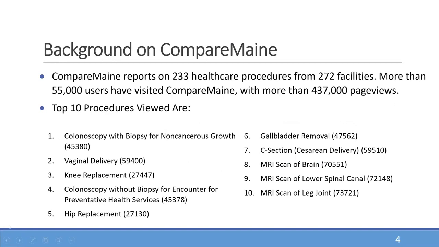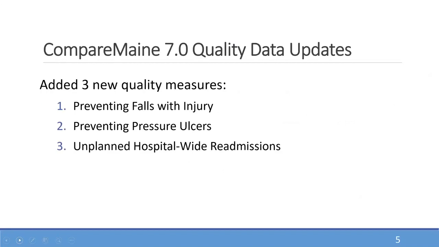The next slide, we are adding 3 quality updates to the site with this May release, and they're listed below: preventing falls with injury, preventing pressure ulcers, and unplanned hospital-wide readmissions.